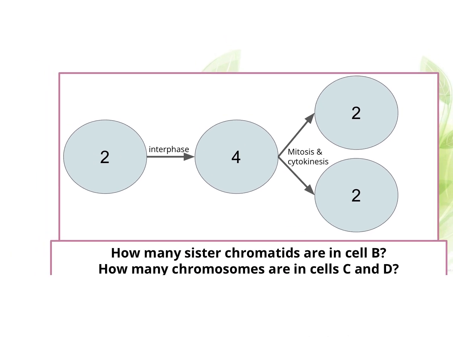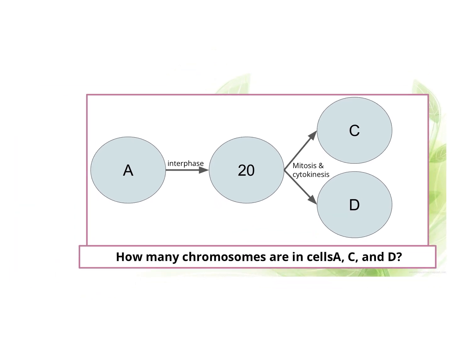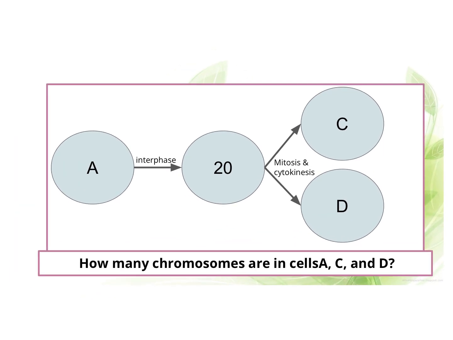In this one here, they changed it up a little bit. It says, how many sister chromatids are in cell B? It's showing us in here the correct answers, and of course, we had them right. Continuing on, this one is saying how many chromosomes are in cells A, C, and D. They gave us cell B, so they gave us 20.